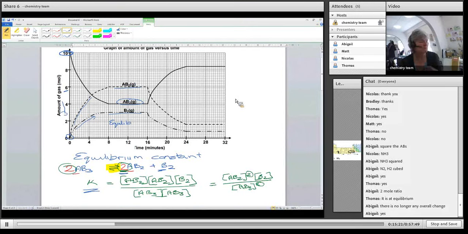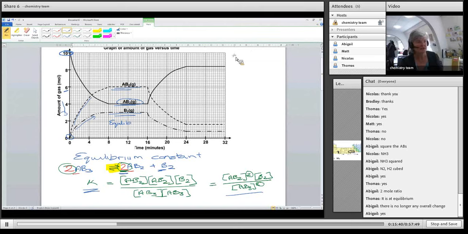Yep, because I've worked out the formula of K, okay, over here, and I have now got values that I can substitute, and because it's at equilibrium, I just have to put it straight in.